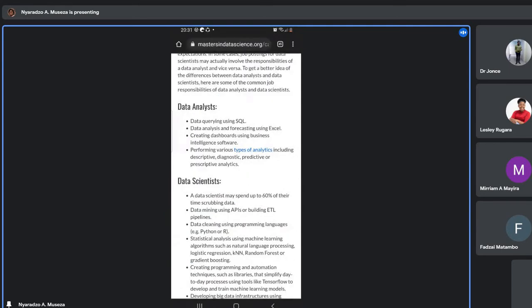Yeah, so from this, I don't know the words to really differentiate this, but it seems like the data analysts are mostly concerned with preparing data to present it maybe to the people who need the data presented, be it the directorate or something like that.